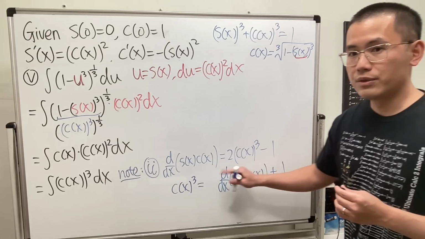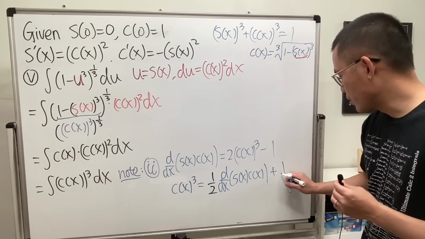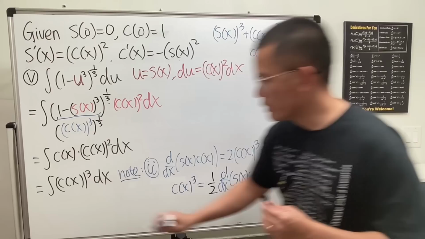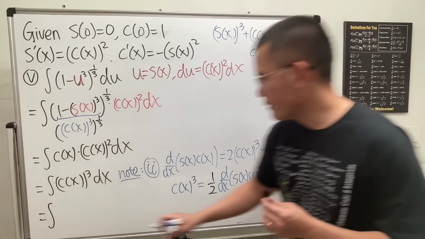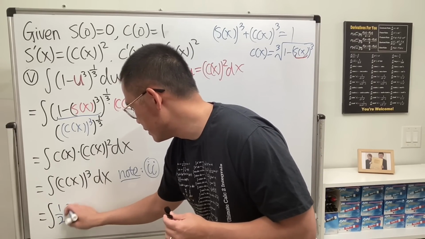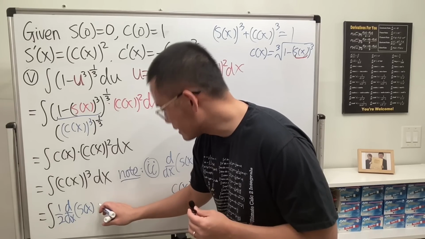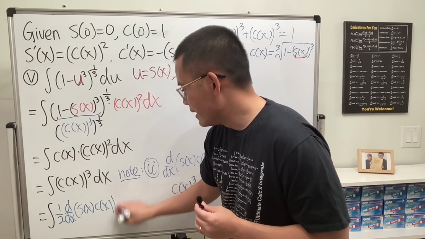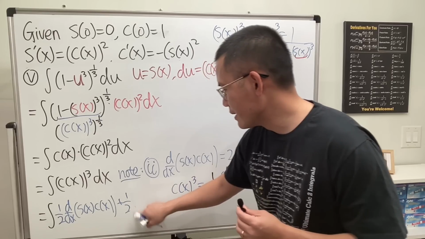But of course, we still have to divide it by 2, right? So I'm just going to have the 1/2 here, and then also the 1/2 here. Okay, so this right here gives us the integral of 1/2 the derivative of s of x times c of x, and then plus 1/2, just 1/2. That's it.